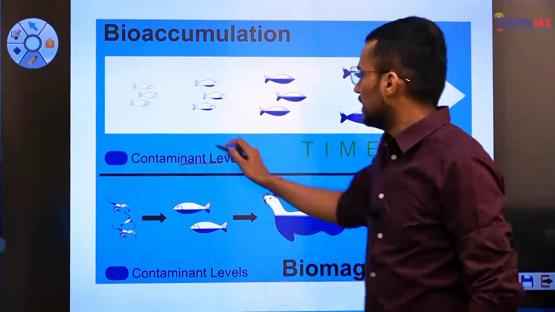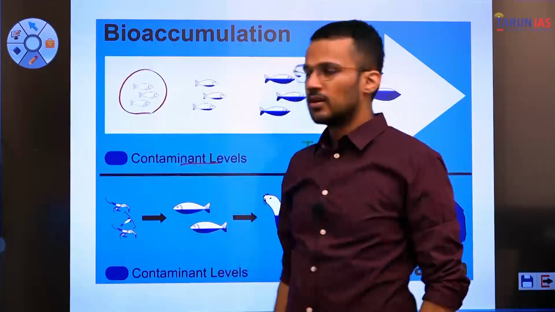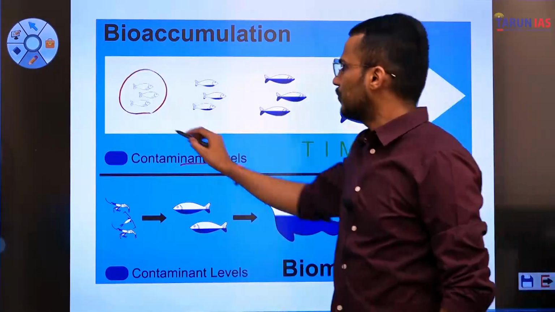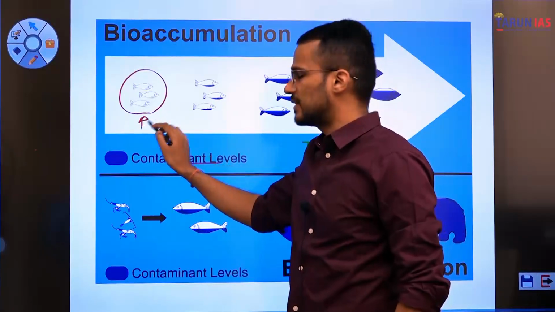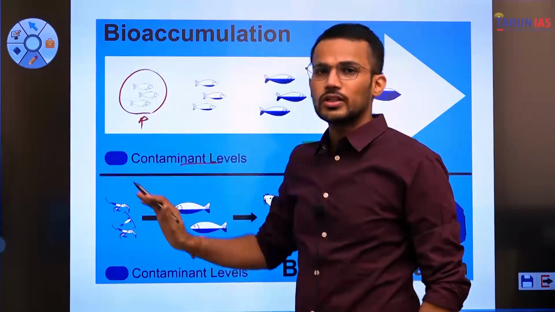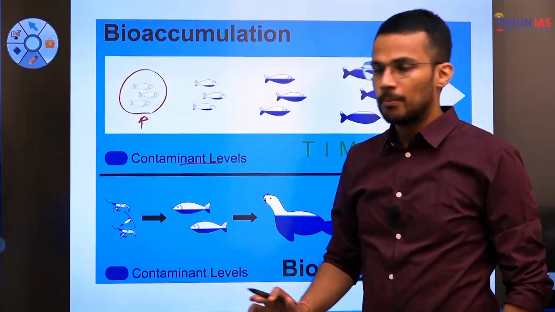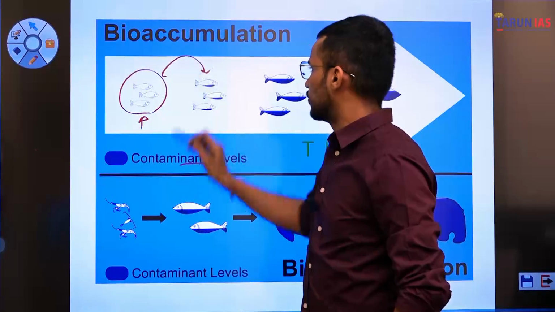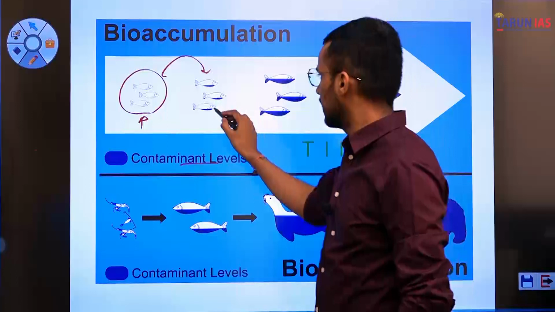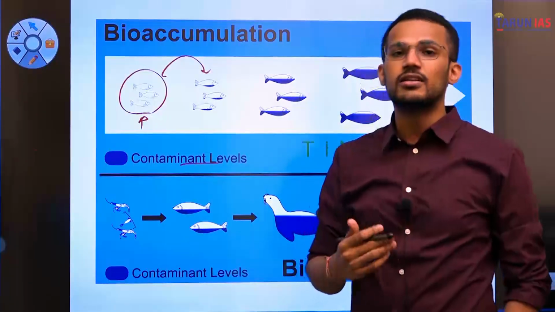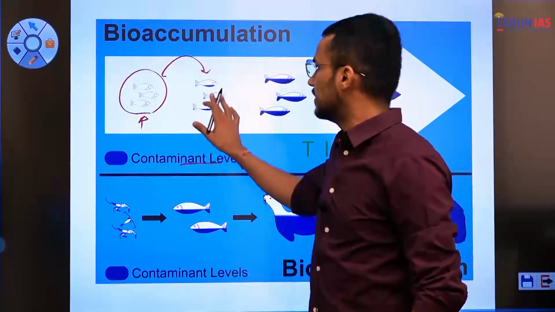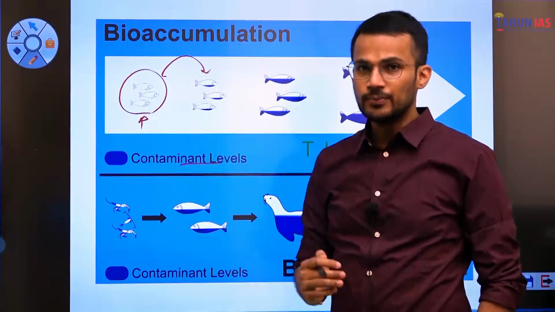There is a fish, and that fish at the first stage does not contain any contaminant. But at the second stage, contaminants have entered into the body of these fishes, right?